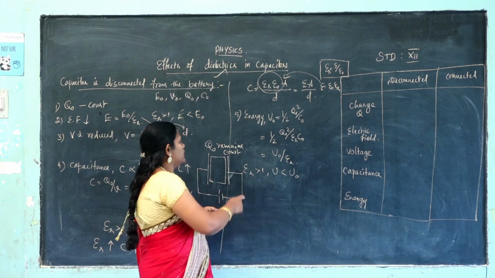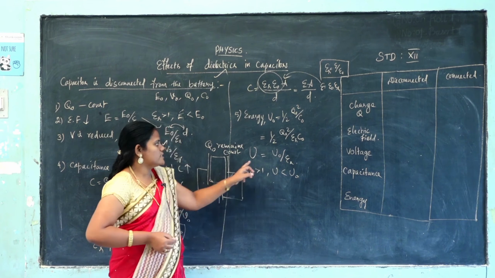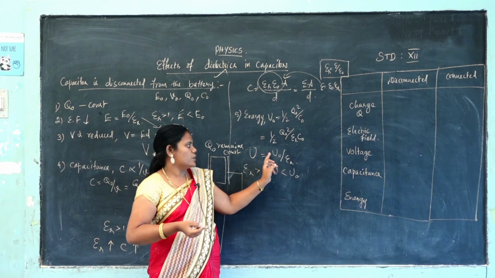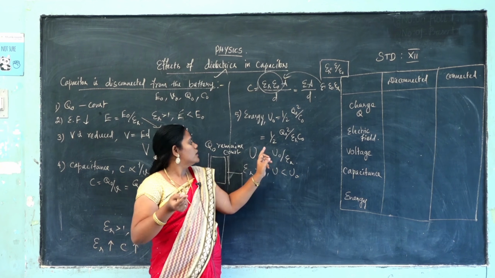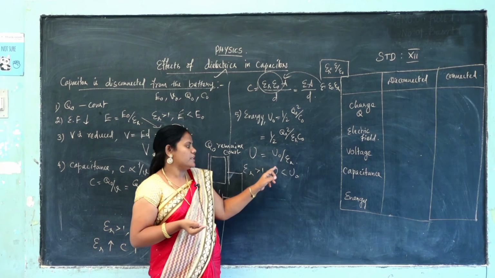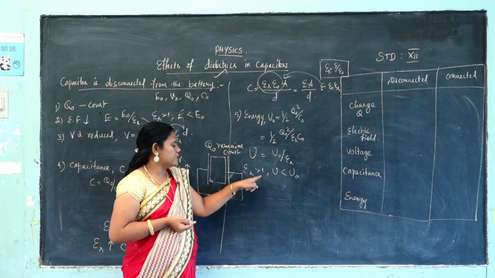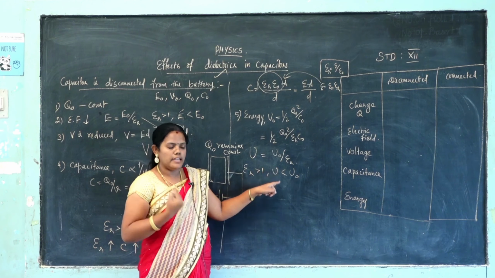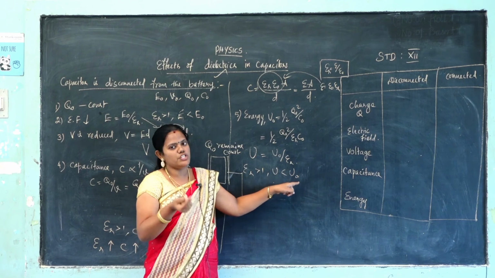Then this is the new energy. So new energy is equal to initial energy by epsilon R. So the relation is the ratio of initial energy by relative permittivity. Since epsilon R is greater than 1, the energy will decrease relative to the initial energy.